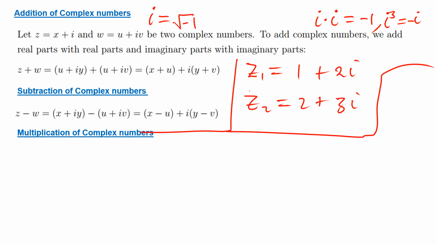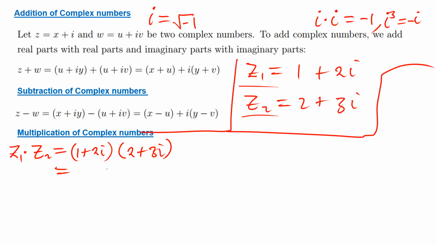All right, so from what I've written here, we can multiply complex numbers. So we have these two examples here, Z1 and Z2. If they say we multiply Z1 and Z2, let me first write them here. So we have 1 plus 2i, and then we're multiplying this with 2 plus 3i.